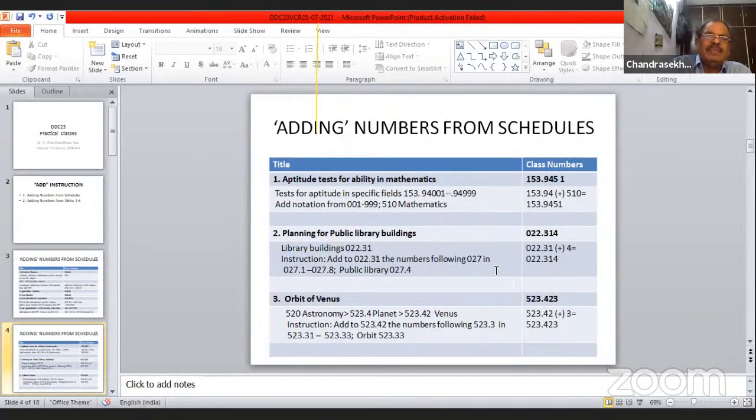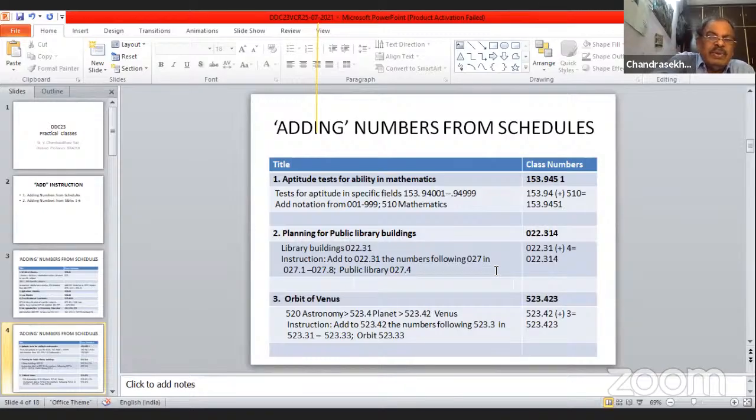Like that, college library buildings or university library buildings. What is the number for that? 027.7. I explained that yesterday, and today also in the beginning. 027.7 is college or university library. So here, suppose the title is planning for college library buildings. What do we have to do?